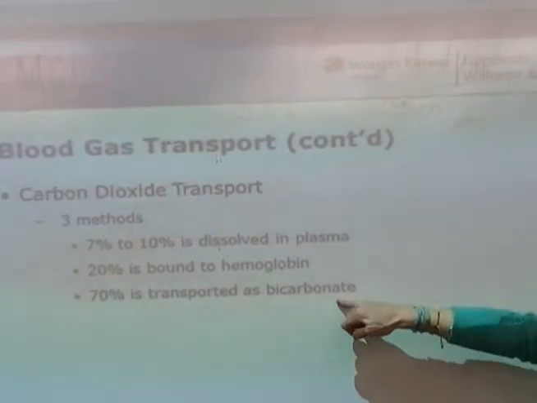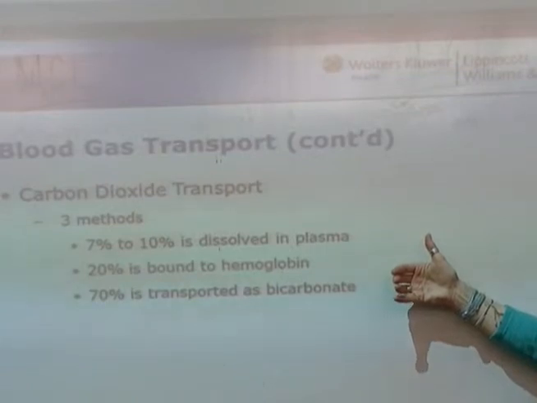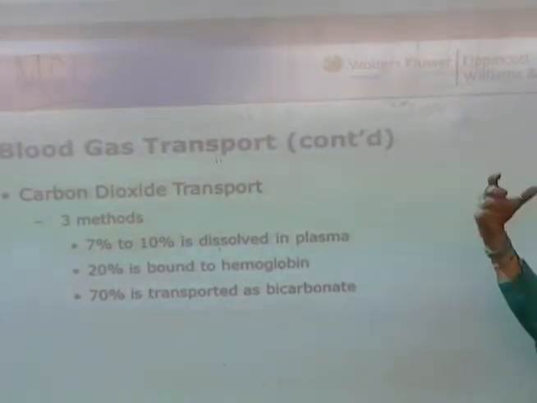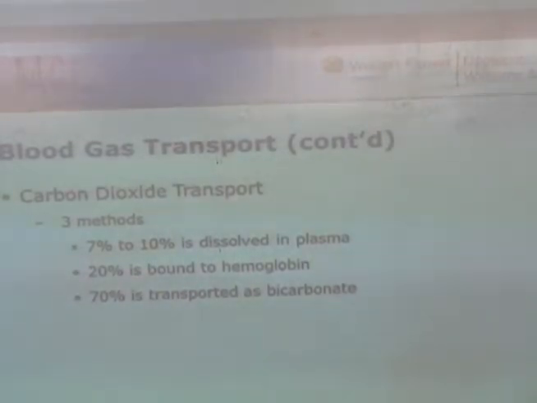When it gets split to bicarbonate, that releases hydrogen, which increases acidity, which helps dump more oxygen. So the body has all these clever interacting systems going on that benefit each other, particularly when we're exercising.